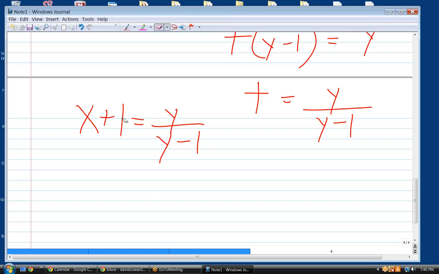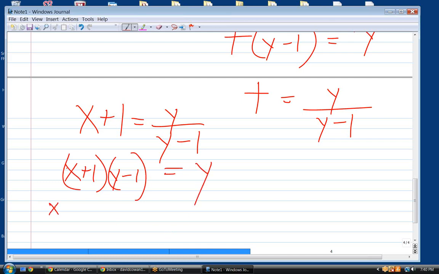Okay. Let's solve that for y. Tell me what to do. Multiply both sides by y minus 1. Okay, so we got x plus 1 times y minus 1 equals y.